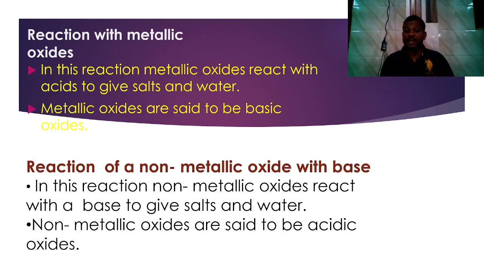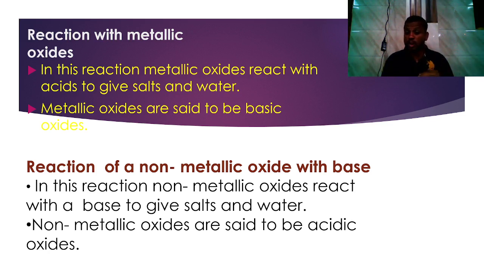Okay, when metallic oxide reacts with acid, it gives out salt and water. Remember, I will repeat once again: metallic oxide reacts with acid and gives out salt and water, and metallic oxides are said to be basic oxides.